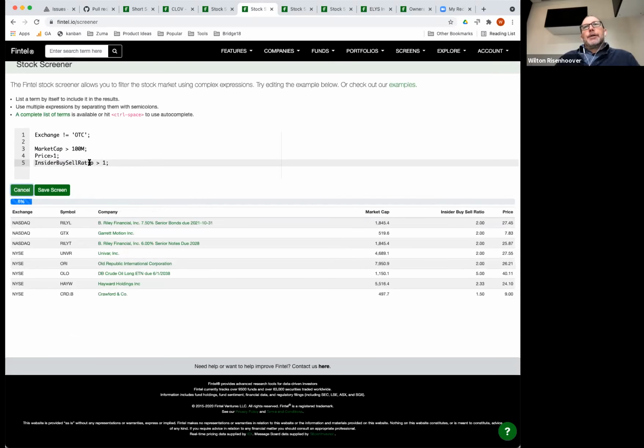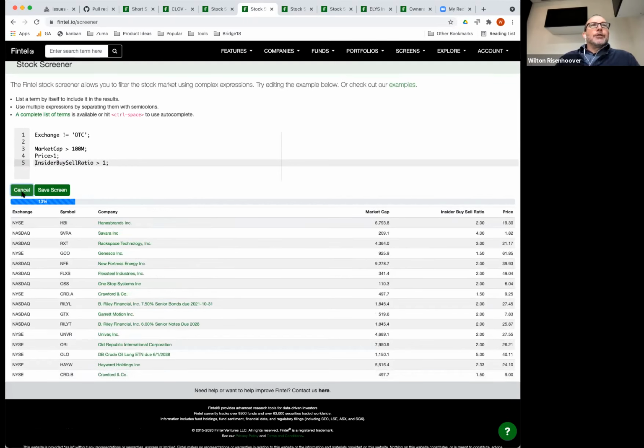So this is basically 2 buyers for every 1 seller, 4 buyers for every 1 seller. If we were just looking at this for a 1-week look back, then you wouldn't be able to have any information because there would be 0 buyers or 0 sellers. So there's no need to add a date to this.